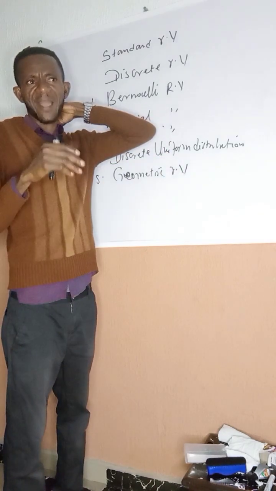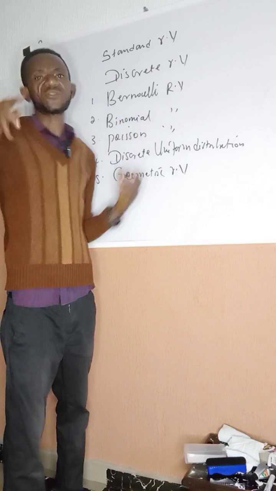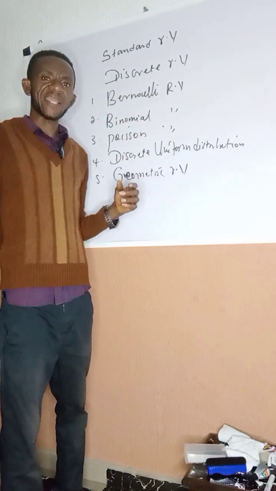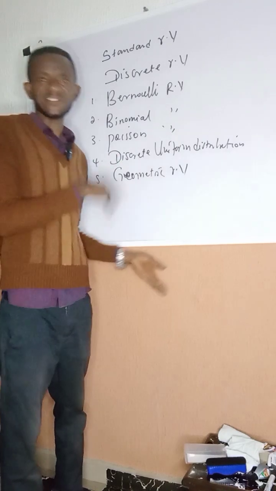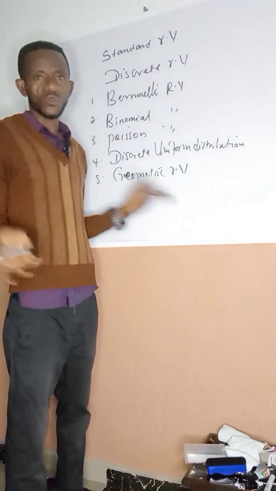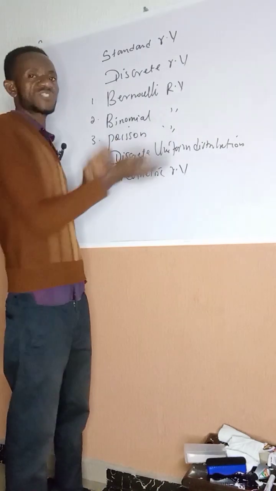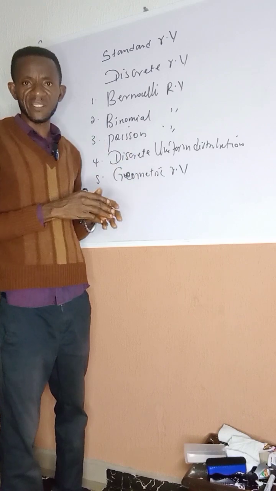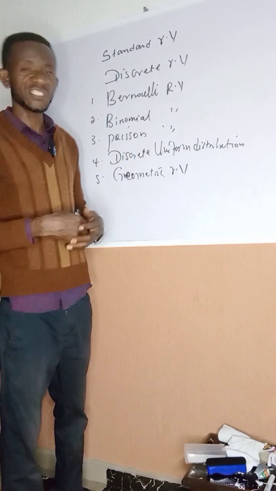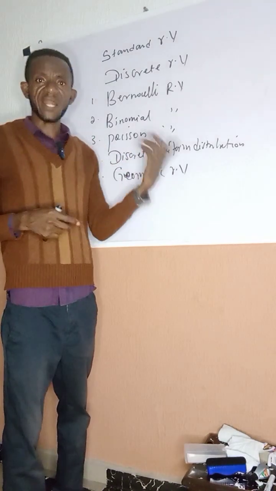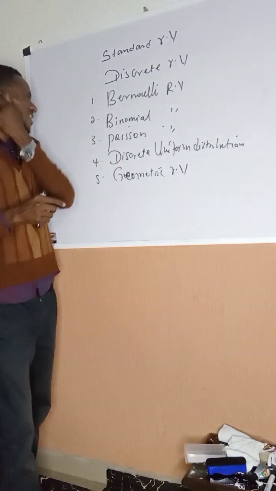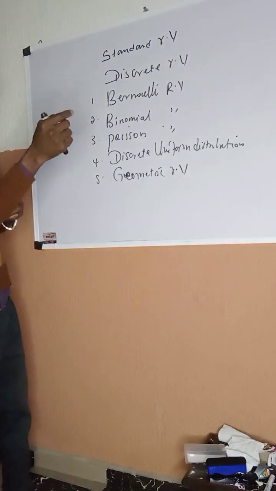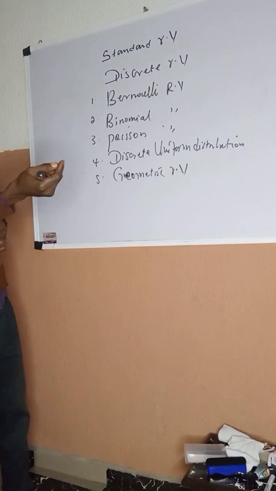When we talk about Bernoulli random variable, we are talking about either X or Y that follows a particular distribution that can be identified as Bernoulli. So oftentimes, these two statements can be used interchangeably, though we know what is called distribution and we know what we call the random variable. Okay? So we are going to start with the Bernoulli and be discussing them one after the other.